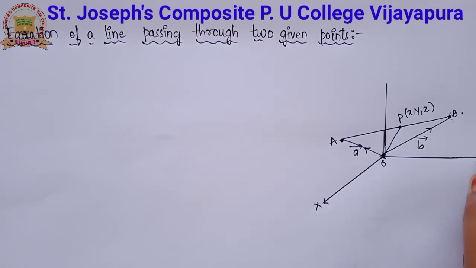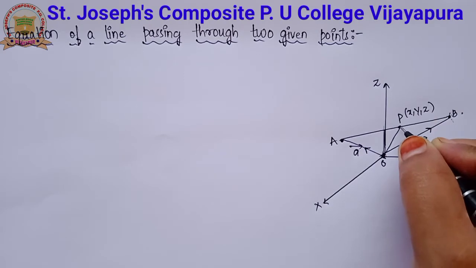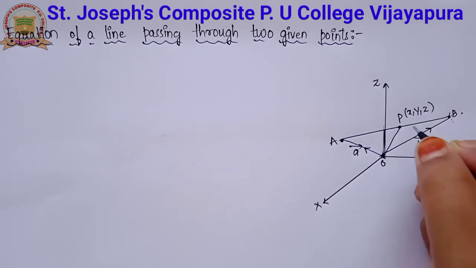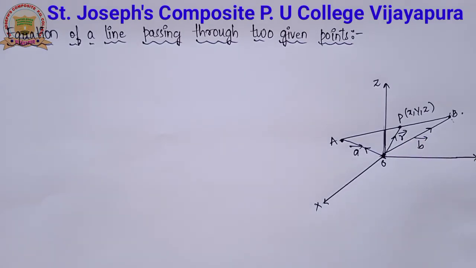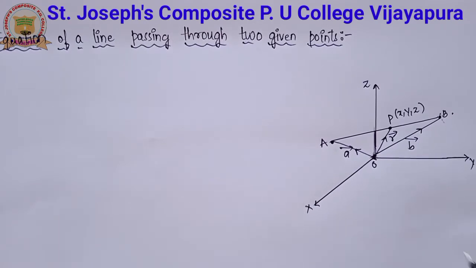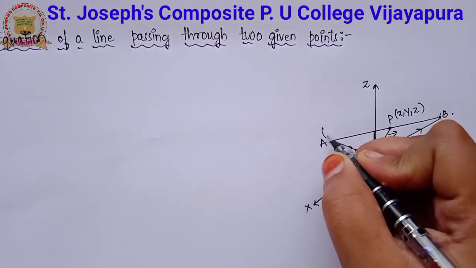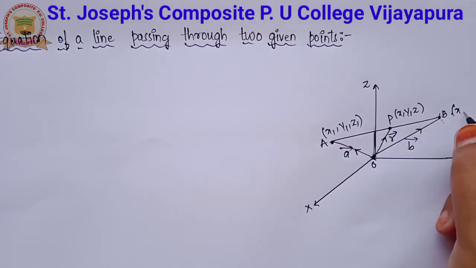This is your x-axis, this is your y-axis, and this is your z-axis, and the position vector of this point P is the r vector. And also I will take the point A having the coordinates x1, y1, z1 and B as x2, y2, z2.